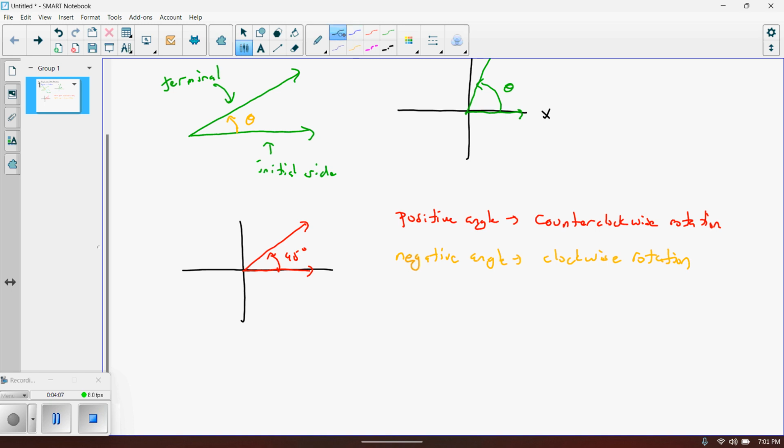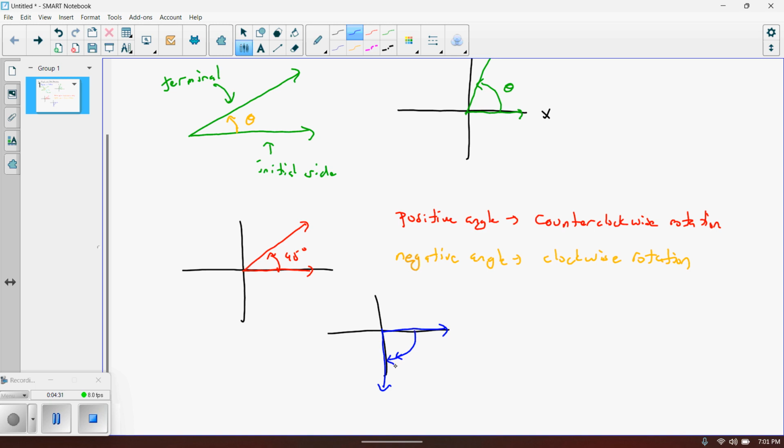So we can do a real quick sketch of what a negative angle would look like. Let's say that I wanted to do, we'll just do a really simple one, a negative 90-degree angle. Once again, you would start on the positive x-axis, and then you would go clockwise in this direction, 90 degrees, which of course creates a right angle, so that would be right there.